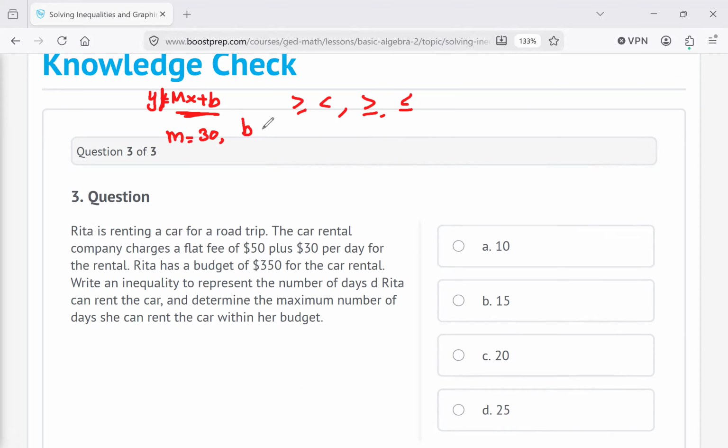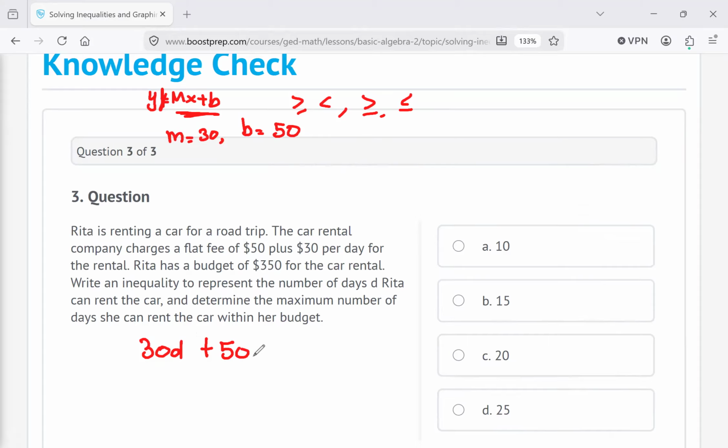And then my b is the y-intercept, which is a fixed cost, which is 50. Okay, so we can just write it out. Instead of x, our x could be days. So let's do 30D plus, and then our b is the flat fee cost, $50.